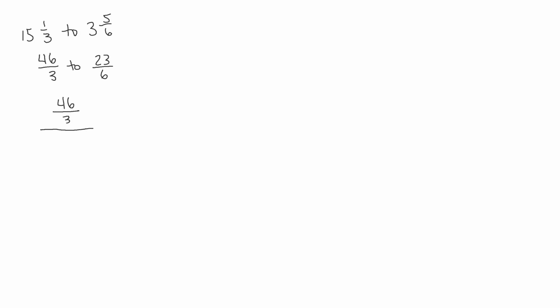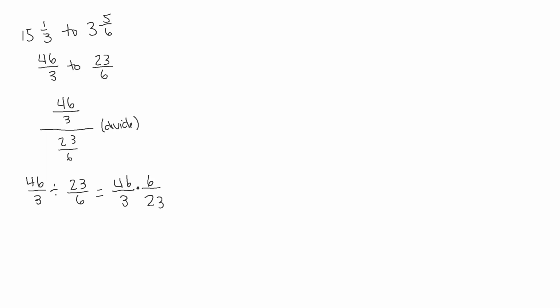Some of you will realize that you can take a little shortcut here. But if you want to, go ahead and write it in fraction form. Remember, this line here means divide. So we really have 46 thirds divided by 23/6. What we remember is we keep the 46 thirds, and then we multiply by the reciprocal of the second fraction.